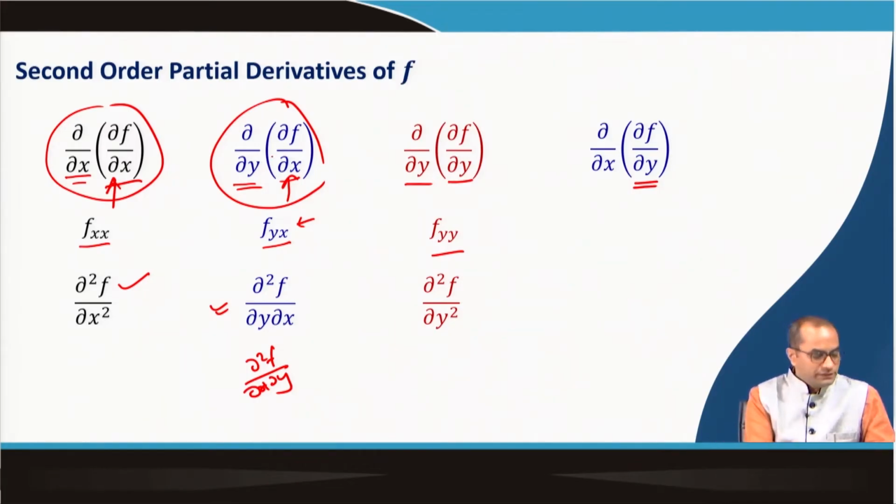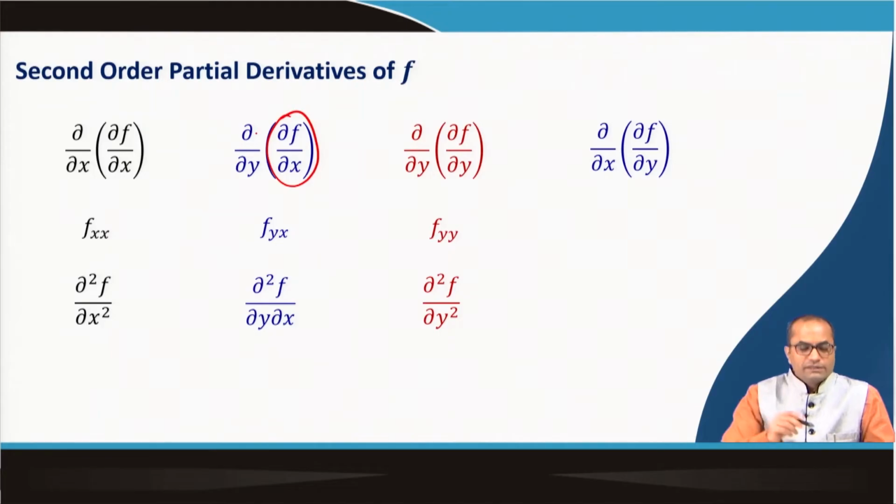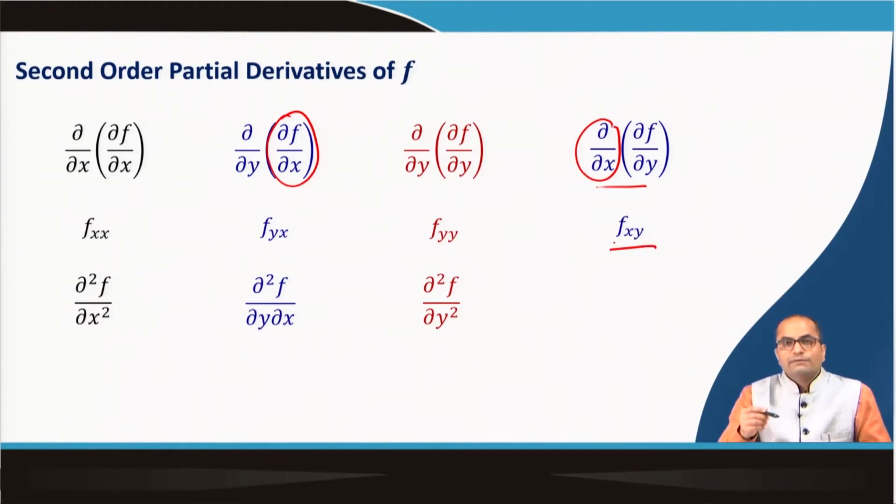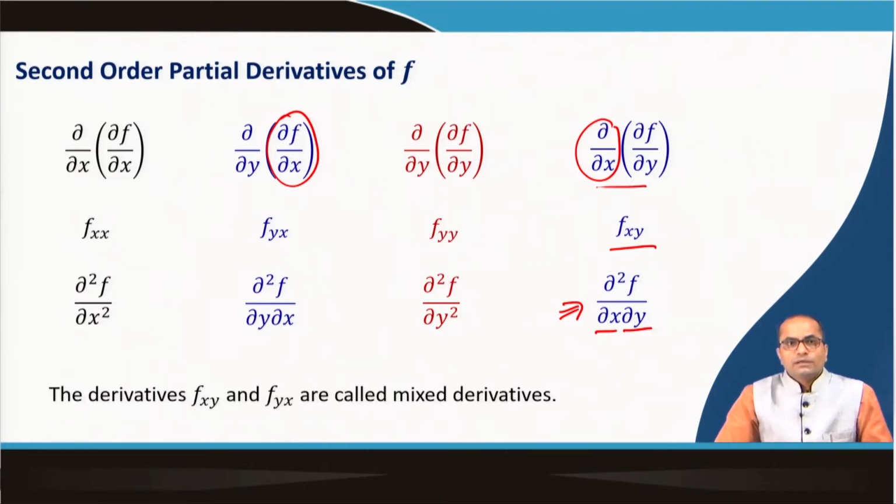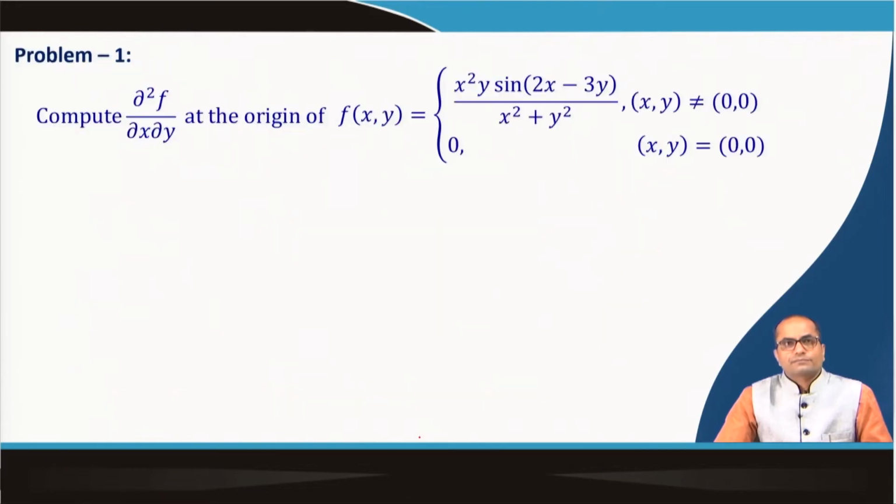There is a difference in the order here. This is denoted by f xy, or del 2 f over del x del y, first with respect to y and then with respect to x. These partial derivatives f xy and f yx are called mixed derivatives.